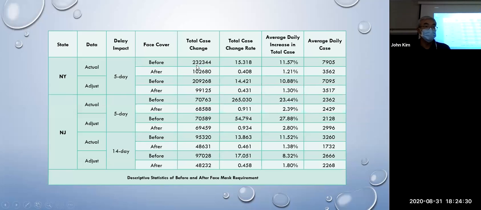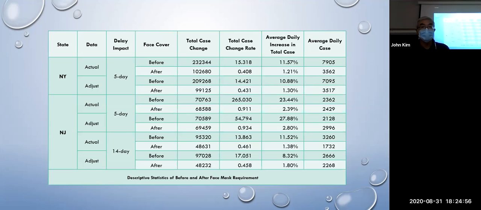So before the face mask requirement, it more than doubled. And then the total case change rate is 15.3, but after the mask requirement, 0.4, not much.